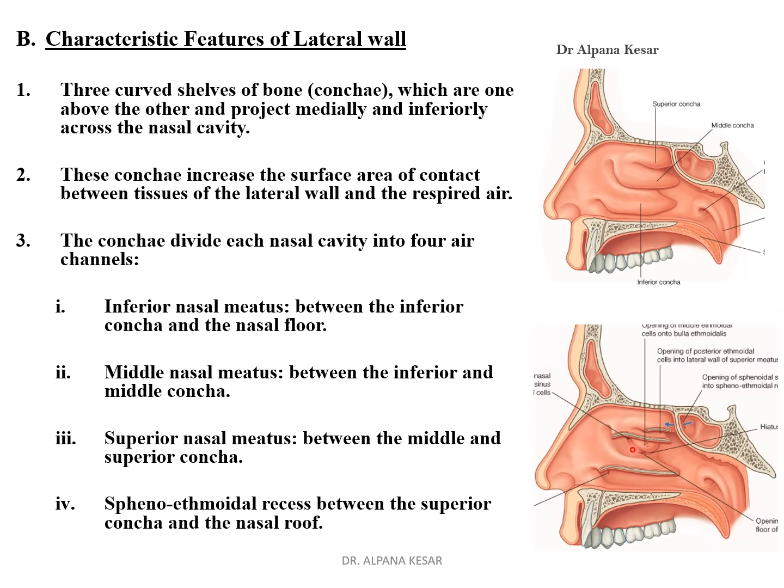The middle meatus is present below the middle concha, and the superior meatus is present below the superior concha. Between the superior concha and the roof of the nasal cavity is the sphenoethmoidal recess.